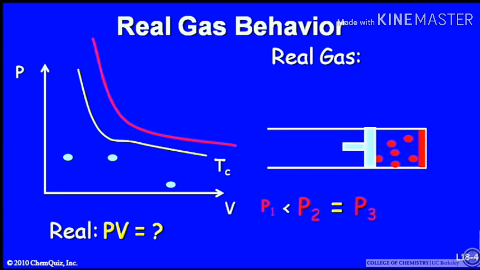Well, I cannot decrease the number of particles, but I can change their phase. I can take some particles from the gas phase to the liquid phase, where they occupy very small volume by comparison. So what happened? The particles are moving from the gas phase to the liquid phase. As I decrease the volume, the number of gas particles decreases, so the pressure can stay the same.